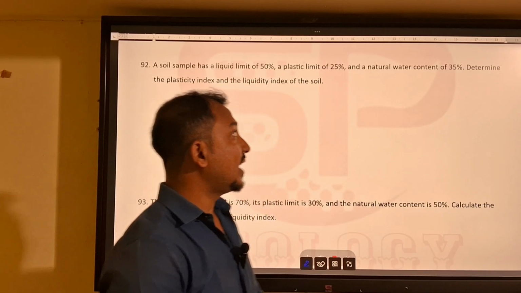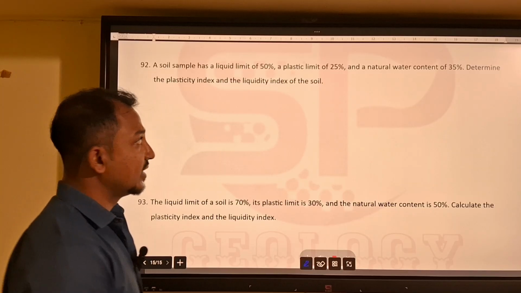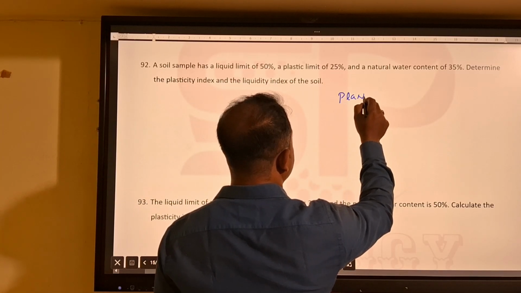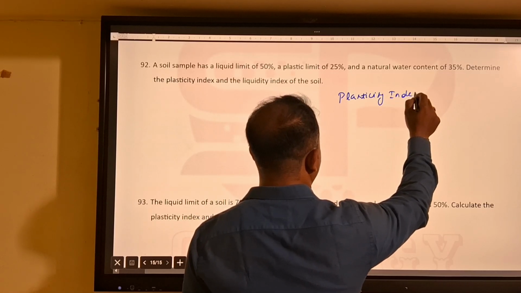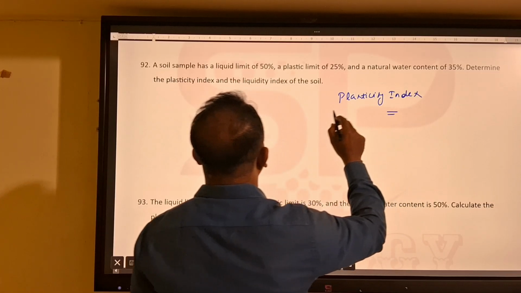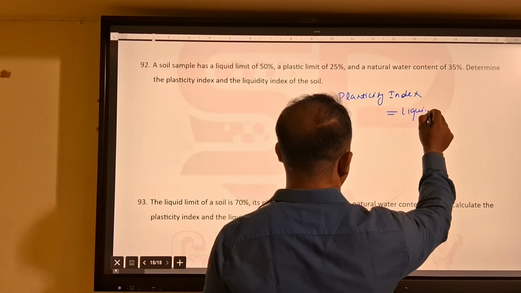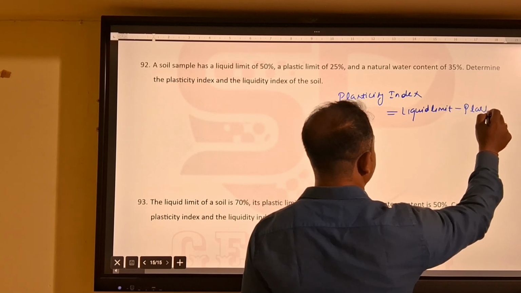So next comes another type of problem, that is your liquidity index and plasticity index. So plasticity index is calculated by liquid limit minus plastic limit.